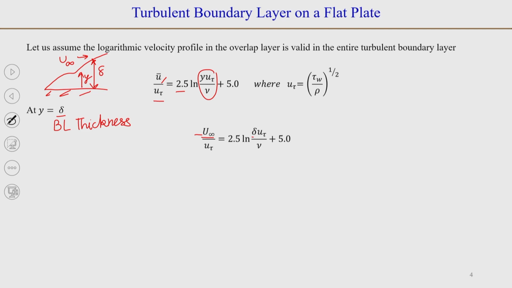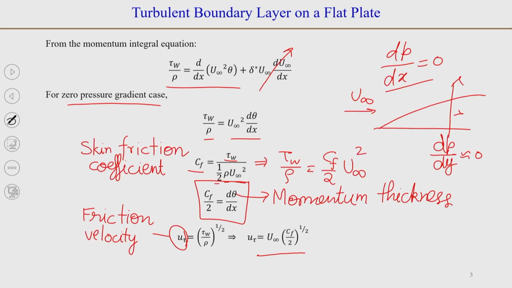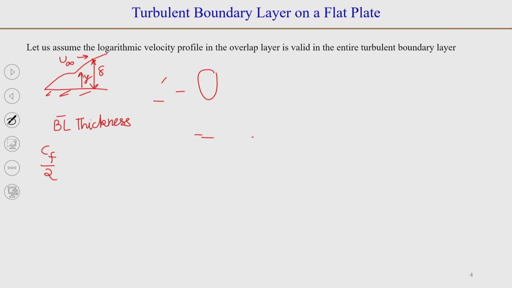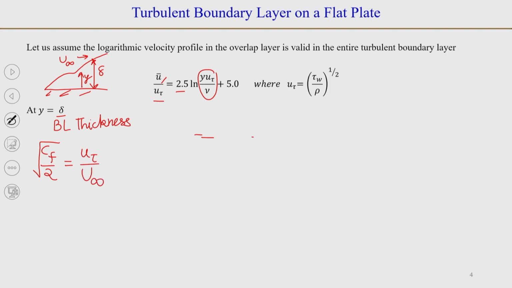Now, in the previous slide, we looked at Cf by 2, we could write that square root of Cf by 2 is equal to u tau by u infinity. Okay. So, we could substitute this value here, that will be square root of 2 by Cf.